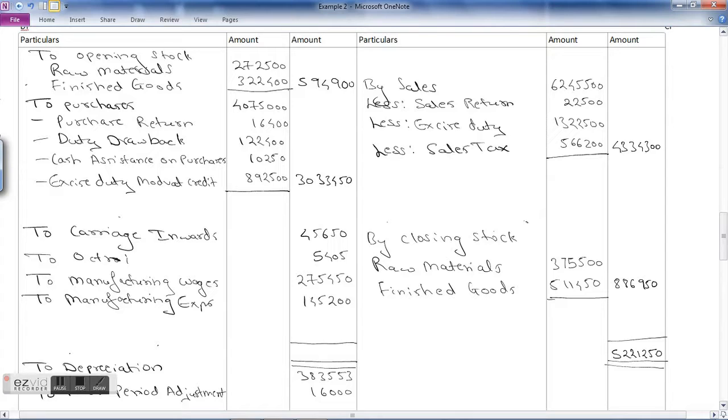So your total of credit side comes to 52,21,250 less your total of debit side. So it balances to gross profit carried down, that comes to 11,21,195.